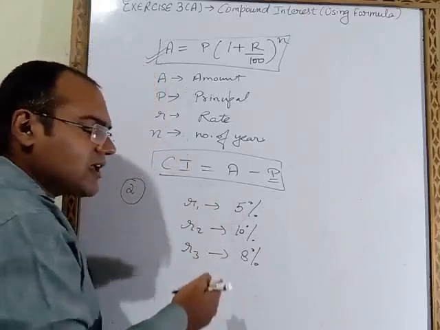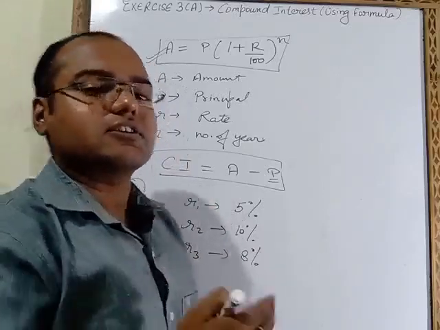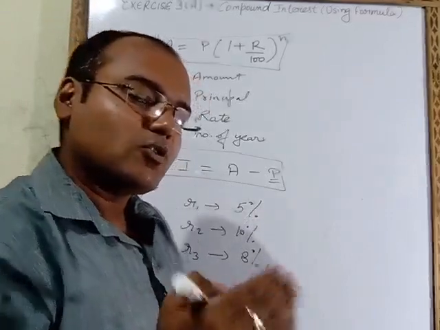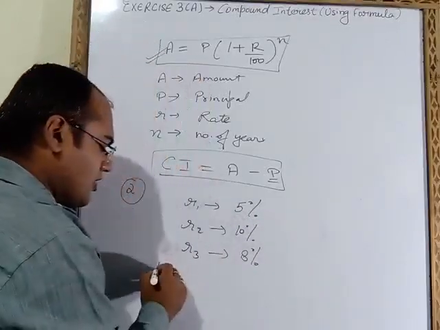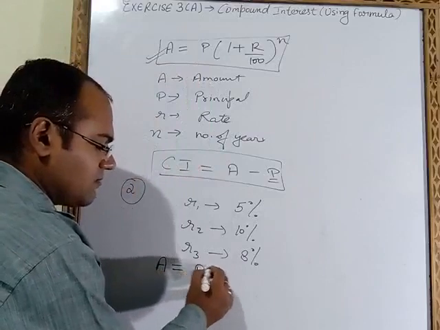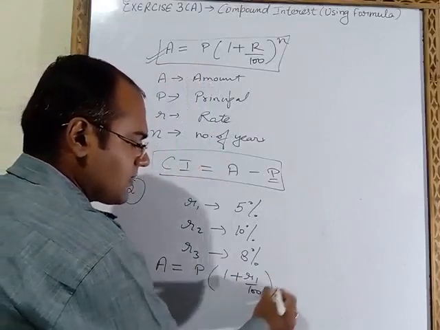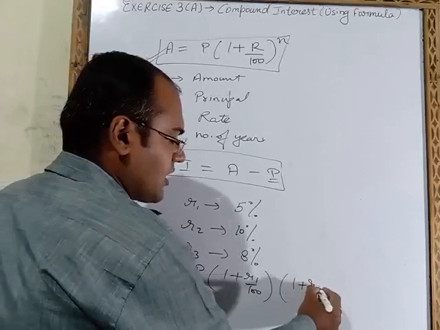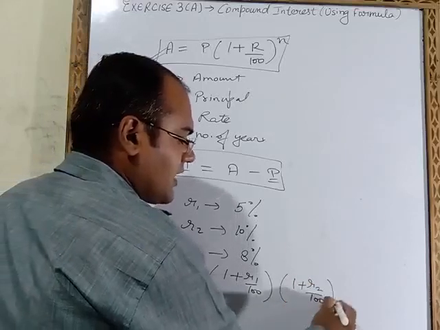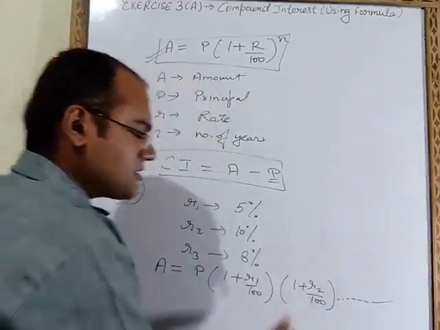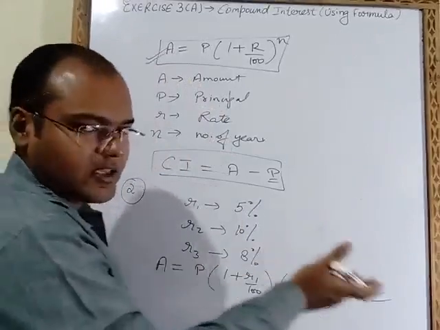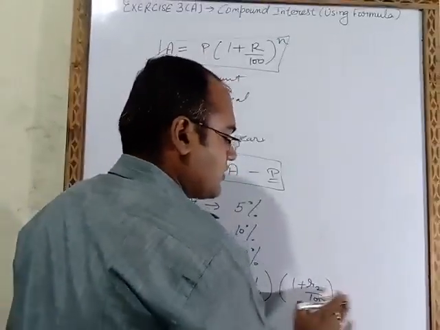If the rates for the successive years are different, then you have to use this formula for amount. Amount is equal to P bracket 1 plus R1 upon 100, bracket 1 plus R2 upon 100, and so on, 1 plus R3 upon 100 also we will take.